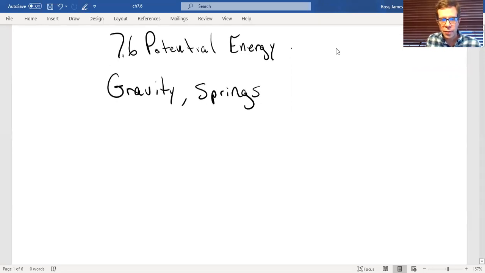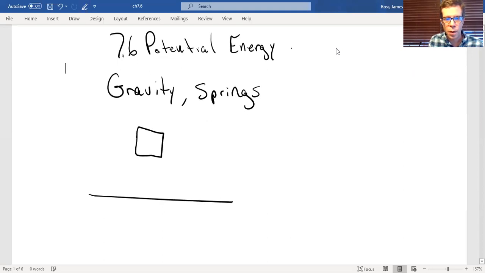So if we want to talk about gravity, first thing we need to do is consider an object with the potential to fall, right? So you can imagine something sitting on the edge of a chest or something.